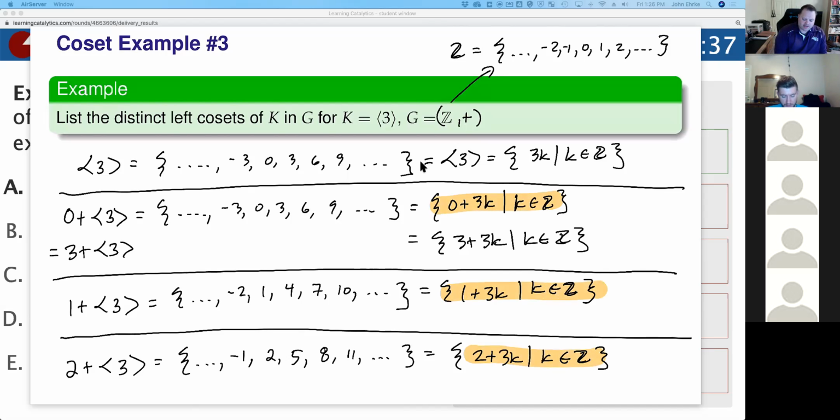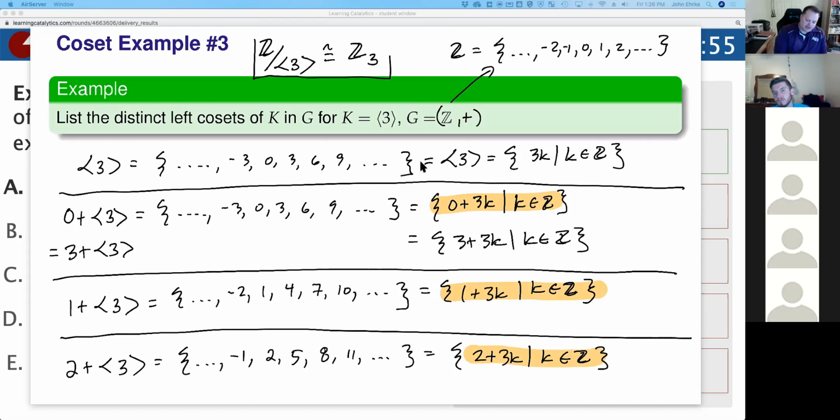So this suggests the following. It suggests that if you look at Z mod its cyclic subgroup generated by 3, that this is isomorphic to or in some way related to Z mod 3.